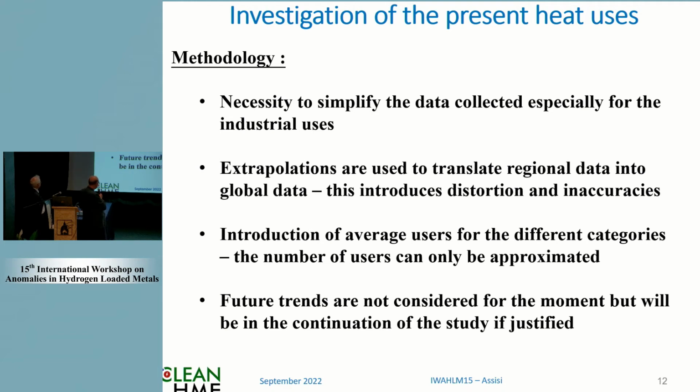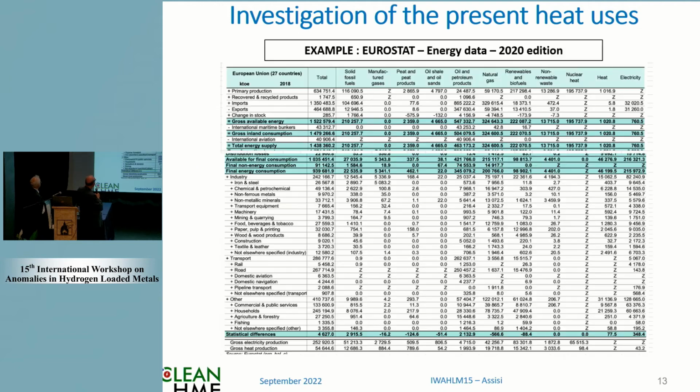And also the future trends, because the use of energy has been increasing tremendously during the past years, except again for 2019. But this is not considered for the moment. So let's go. This is the kind of beauty you have to look at. We are going to spend the next hour finding out what we want in it.